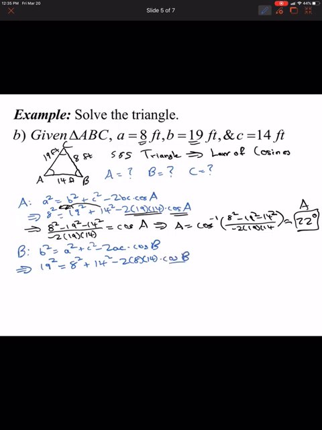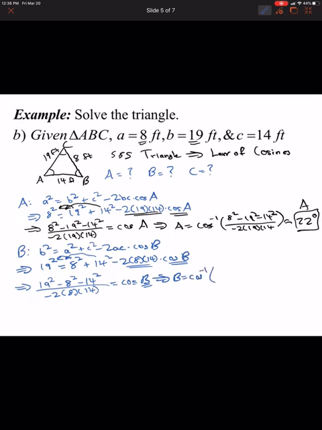We've got to get B, so we have to isolate that term and do a little bit of algebra first. We'll do that in one step. We'll subtract the 8 squared and the 14 squared and divide out the coefficients. So 19 squared minus 8 squared minus 14 squared, divided by the coefficient of cosine B, which is negative 2 times 8 times 14, is equal to cosine B. We need B, so we're going to use inverses.